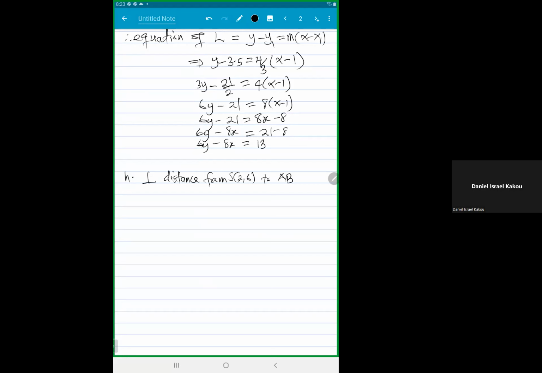We also learned how to find the perpendicular distance from a point to a line. So this is basically us having AB and being told to find the distance from, say, a point here called S to AB. They called it a perpendicular distance, meaning that the line from the point should be perpendicular to AB. So the point S has been given to us, and we have the points A and B already as 3, 2 and minus 1, 5.